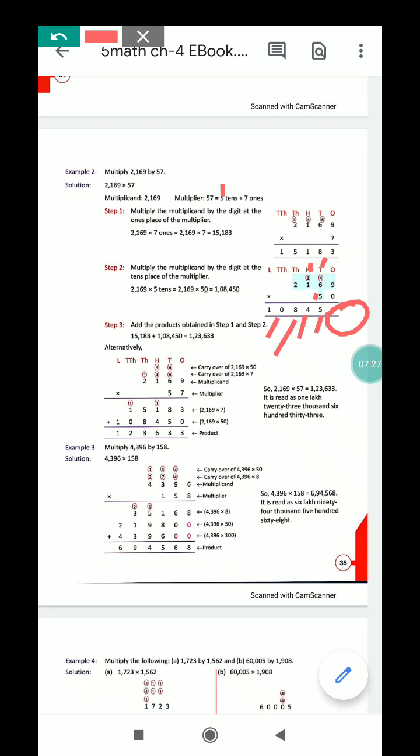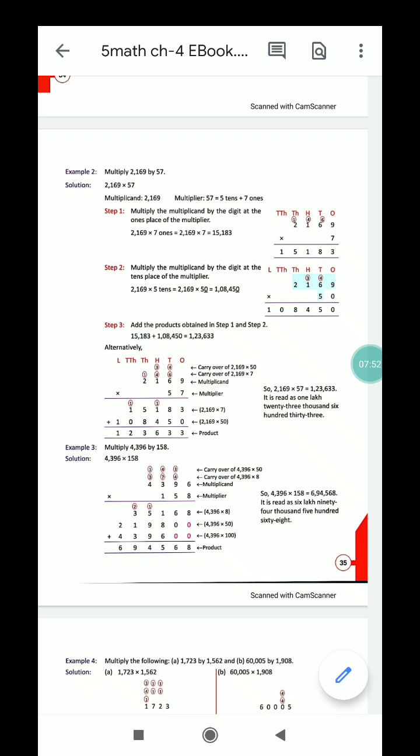So 2169 into 50 equals 1,08,450. So the product is 1,08,450.